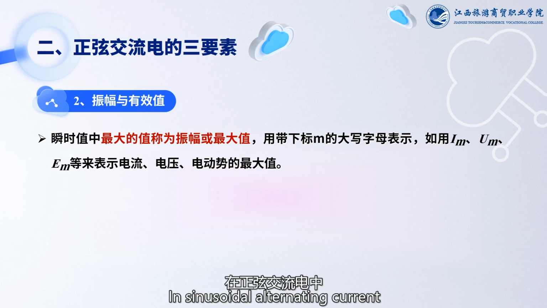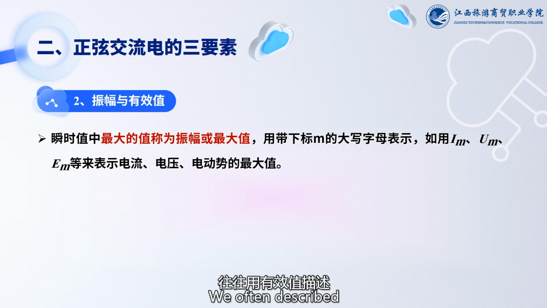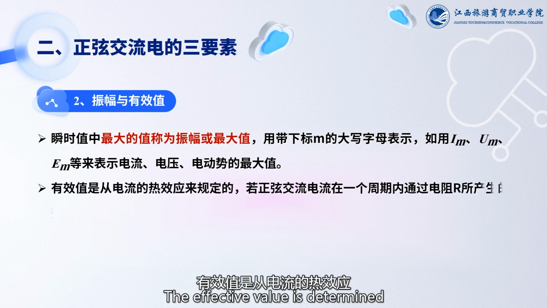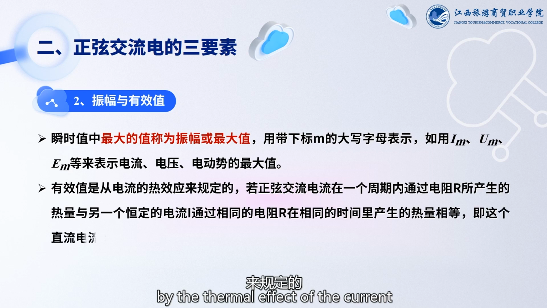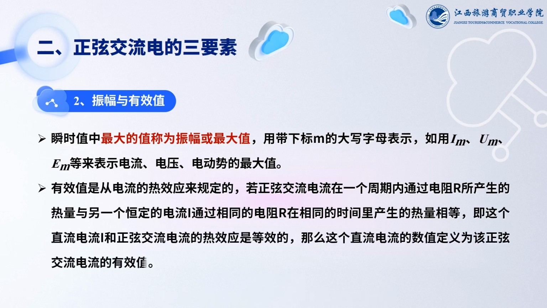In sinusoidal alternating current, we often describe the magnitude of each quantity by effective values. The effective value is determined by the thermal effect of the current.